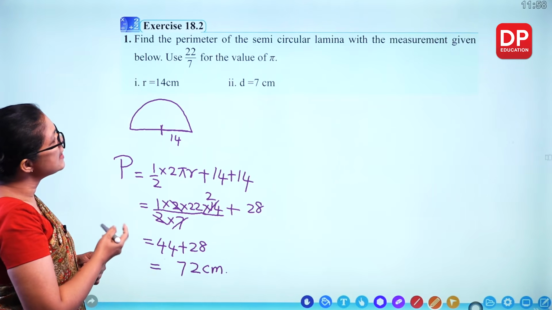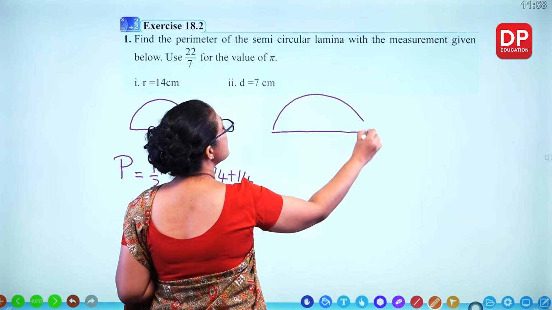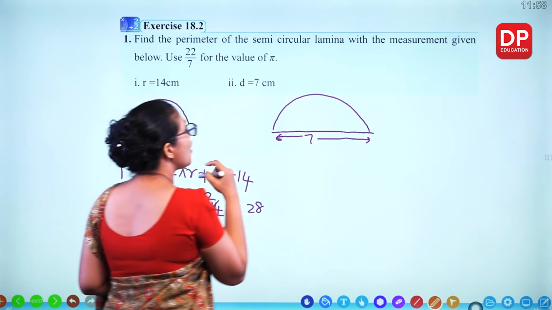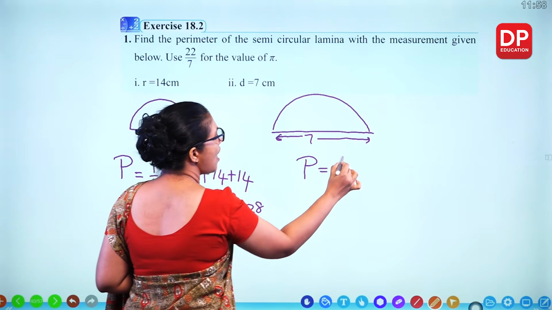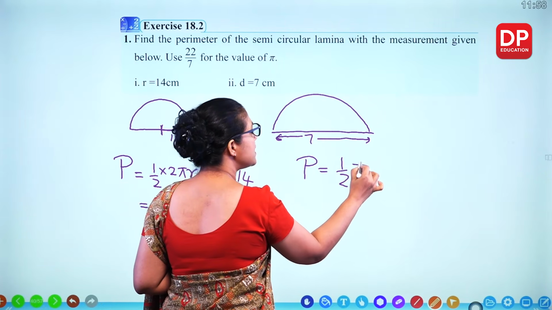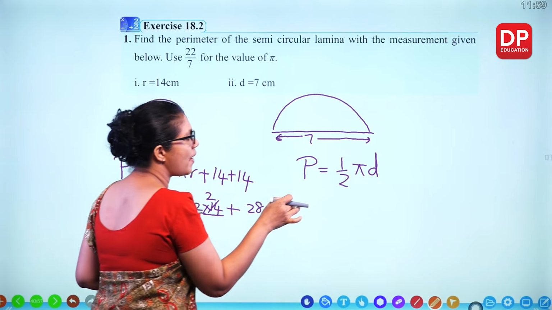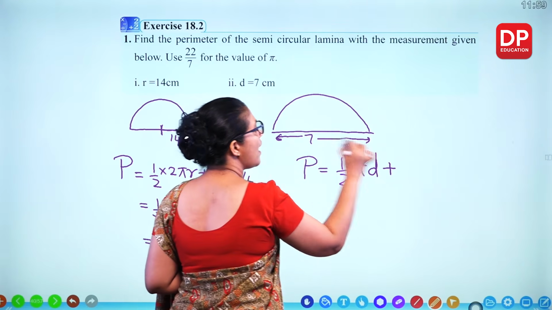This one, diameter is 7. So when you draw this, you get diameter is 7. So how do you find the perimeter? At once, half of pi d. We can use half of pi d because diameter is given. So pi d formula, plus you have to add d.